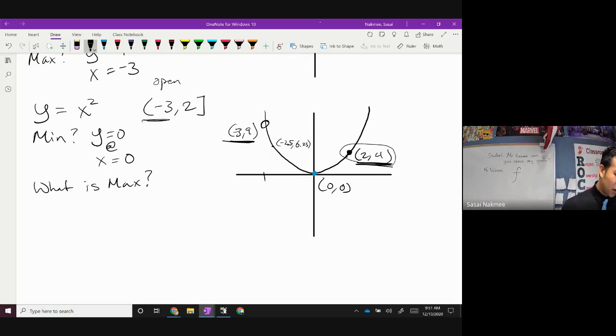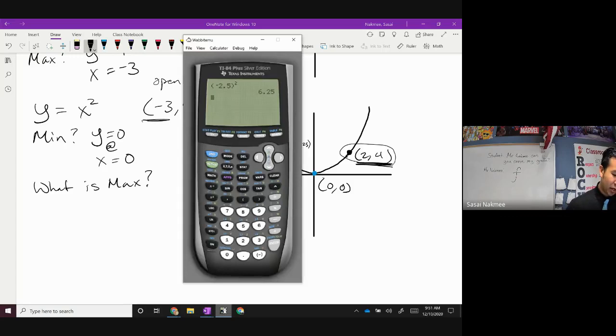So then, what if I pick a point over here at about 2.9, -2.9, I should say? That one squared is going to be bigger than the 6.25, isn't it? Well, how close can I actually get to 3 without actually getting to 3?